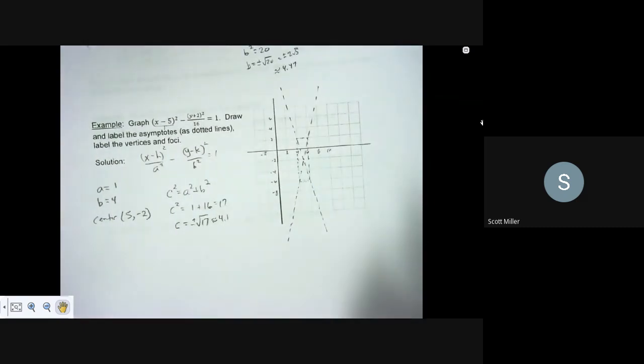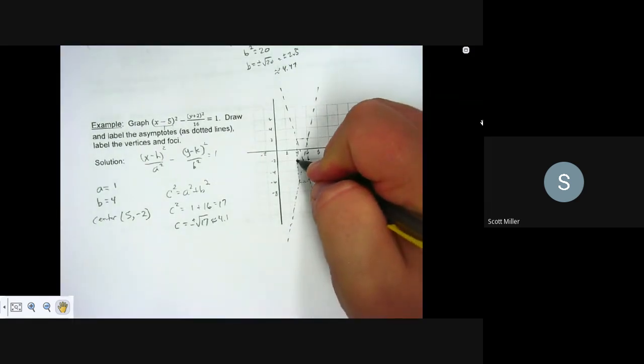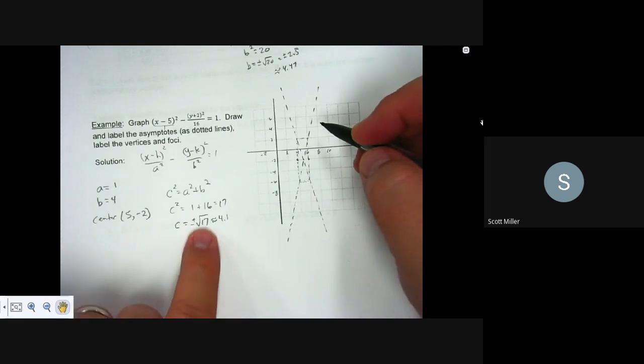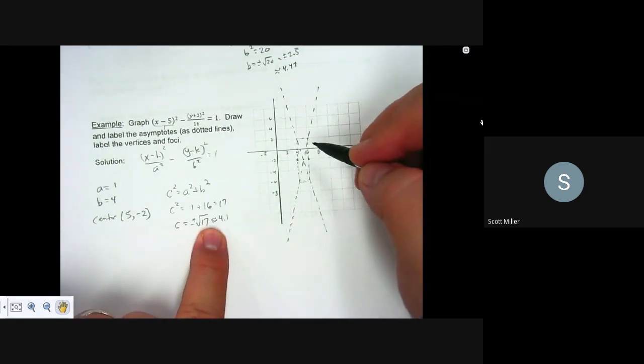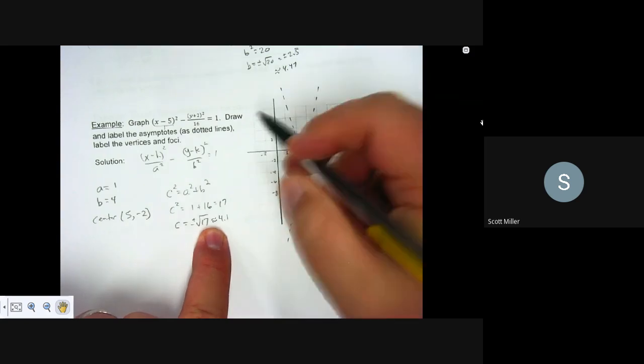So from the center, that right there on the box is the vertex, 1 unit from the center. The foci is this many units. And so that means from the center, we add 4 to the center, and that's at 5.